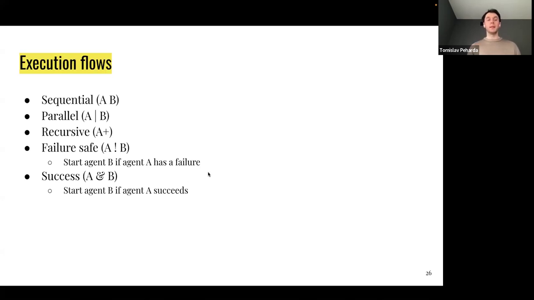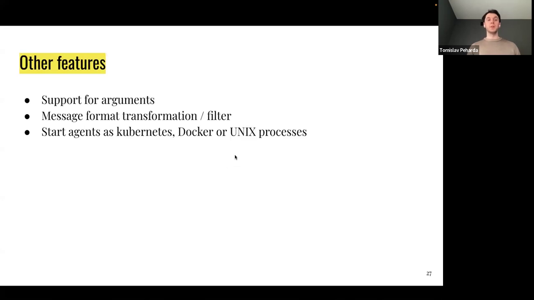And obviously, if there is a need, we'll also be looking into covering some of the more special use cases. So right now, I spoke mainly about the communication flows and execution flows. But those two key features also come with a lot of supporting features. We support arguments.